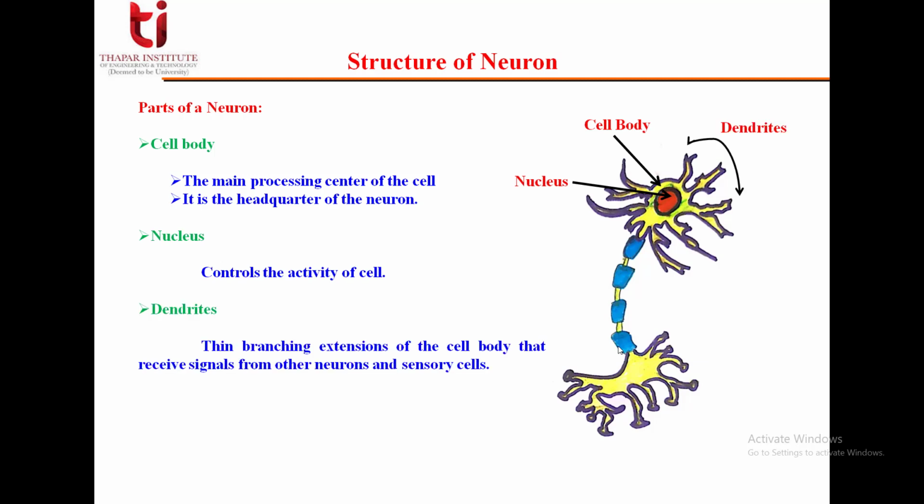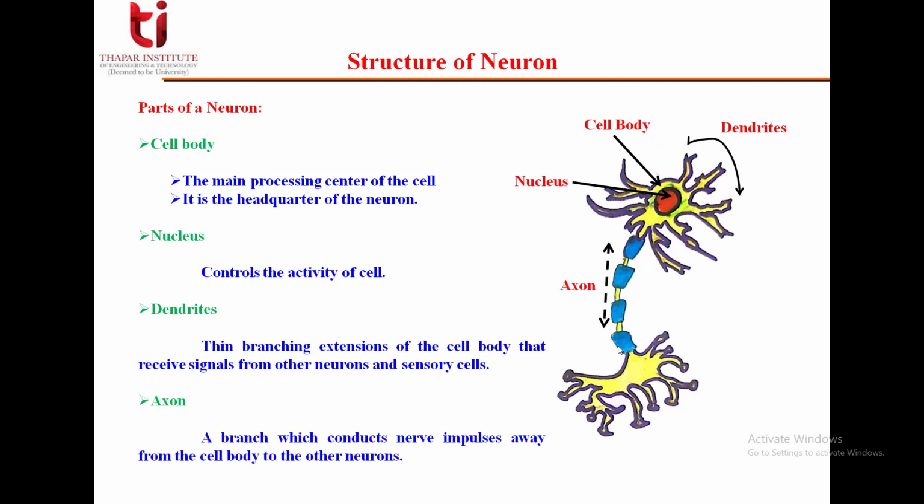Further, we have dendrites, which are the thin branching extensions of the cell body, as we can see in the figure, that receive signals from other neurons and the sensory cells. Then we have the axon, which is a branch that conducts nerve impulses away from the cell body to the other neurons.